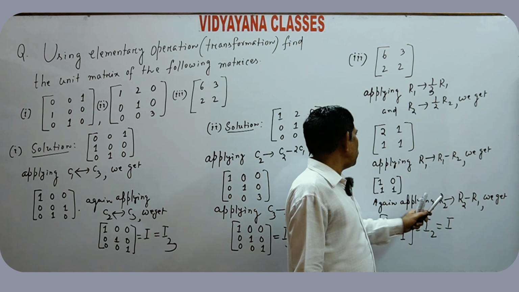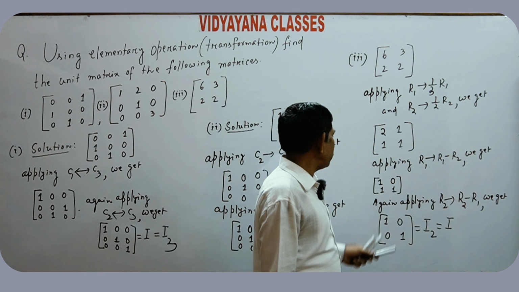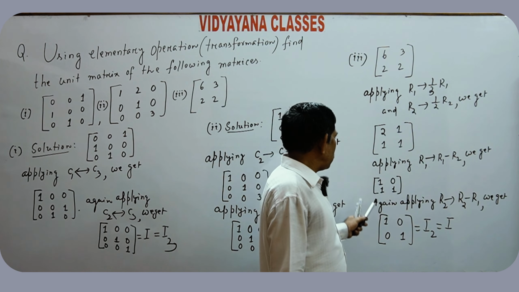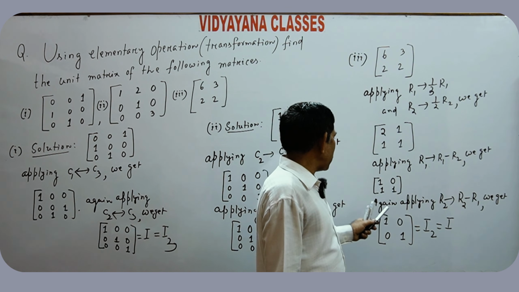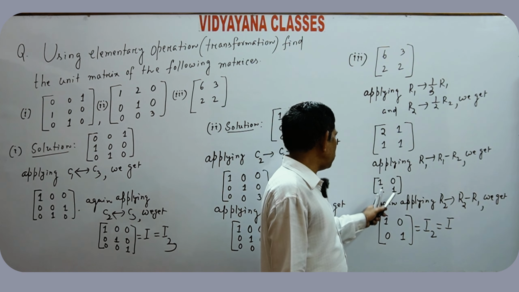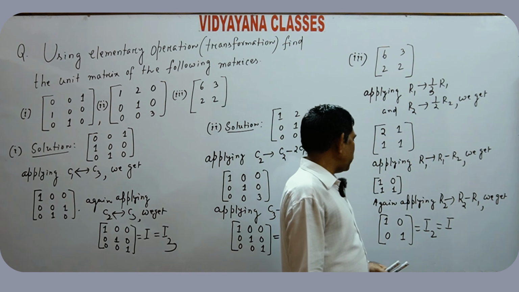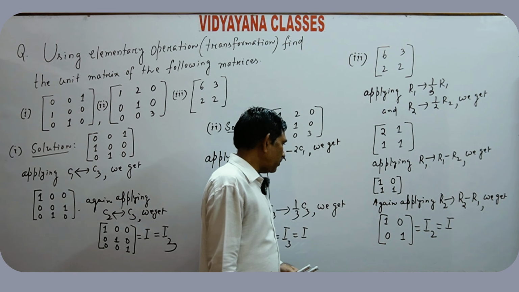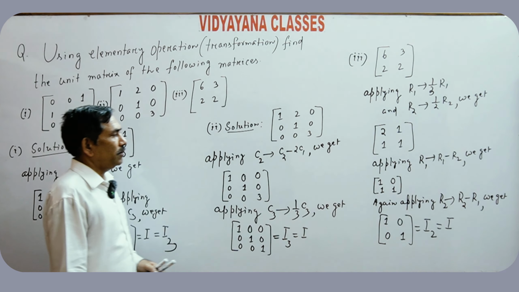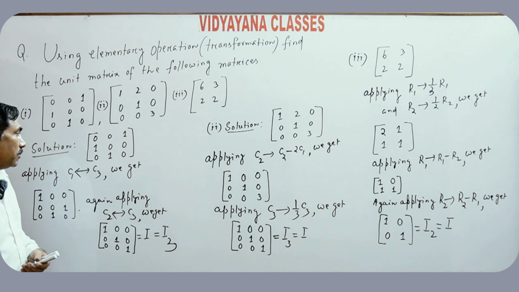Again applying row 2 replaced by row 2 minus row 1. The first row remains as it is. The second row will be 1 minus 1, that is equal to 0, and 1 minus 0, that is equal to 1, which is a unit matrix of order 2. Clear? Okay, write down.